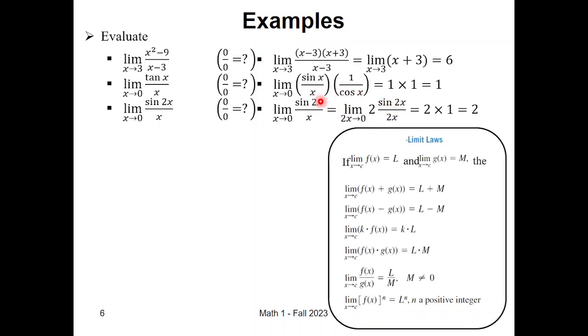But based on this simple example, we can review some general limit laws governing finding the limit. We can distribute the limit over addition, over subtraction, over multiplication, over division, assuming the denominator is not 0, and also if we have a constant multiplied by a function, we can bring this constant outside the limit. And also if we have some function raised to some power n, we can bring this limit inside the bracket.